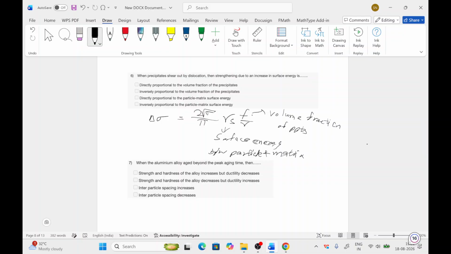So it is directly proportional to volume fraction and directly proportional to the particle-matrix surface energy. So A and C are correct.